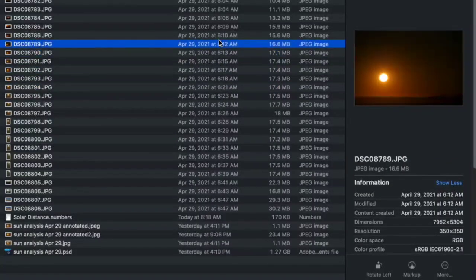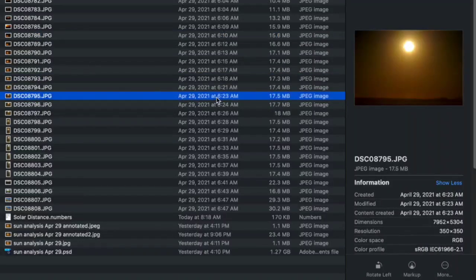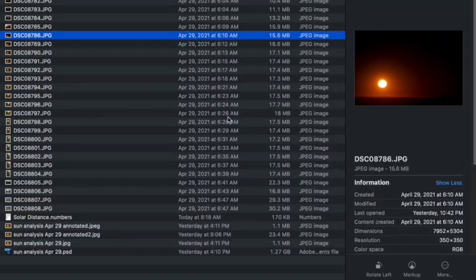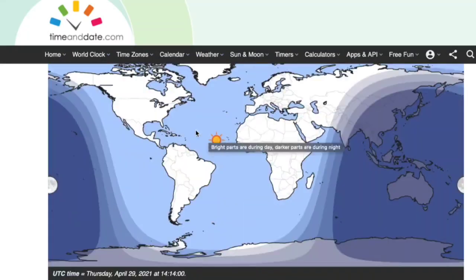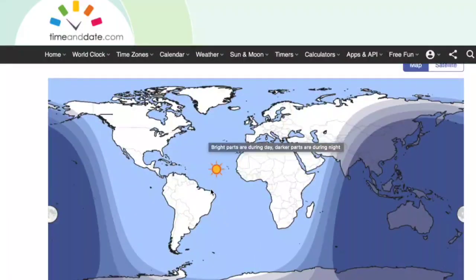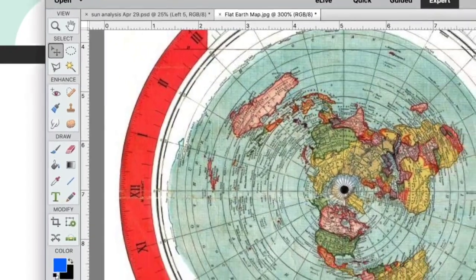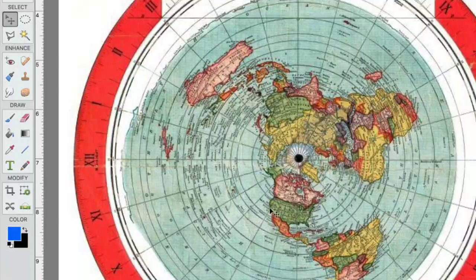By looking at the time tag on the photos, I went to time and date and put those values in, and I got the location to the sun, somewhere in the Atlantic. So I had to measure the distance. I was very curious. The azimuthal equidistant map is more accurate in angles, as you'll see, so the sun is somewhere around there.